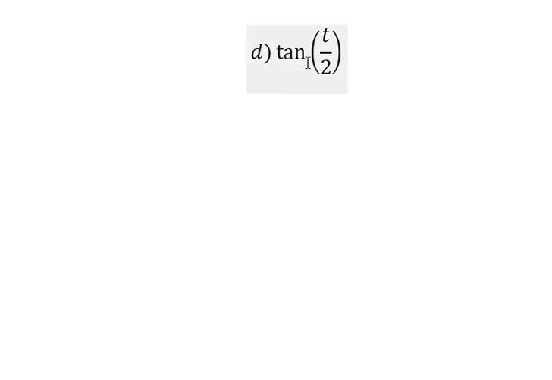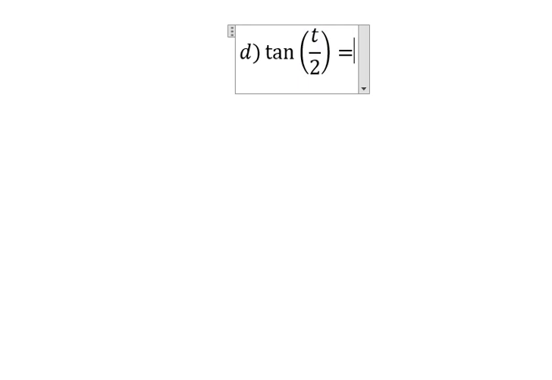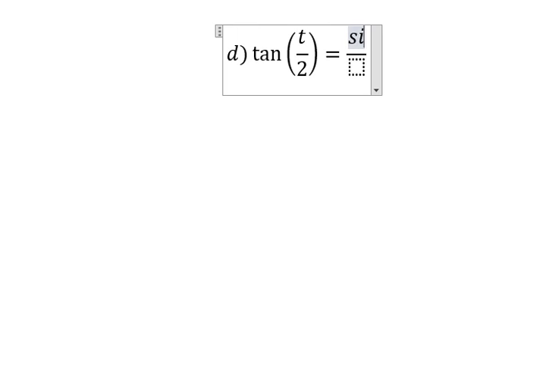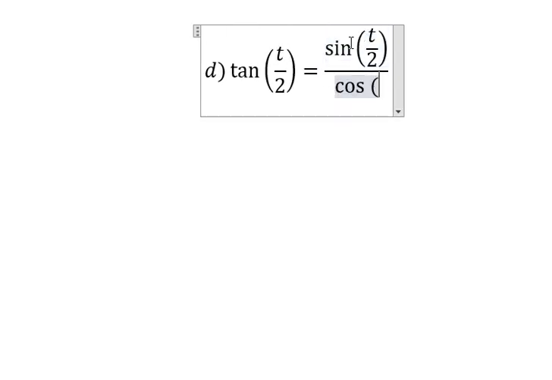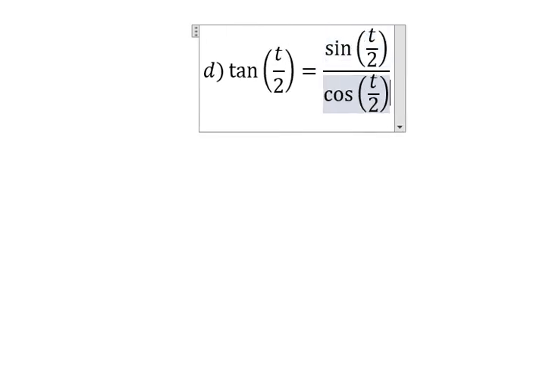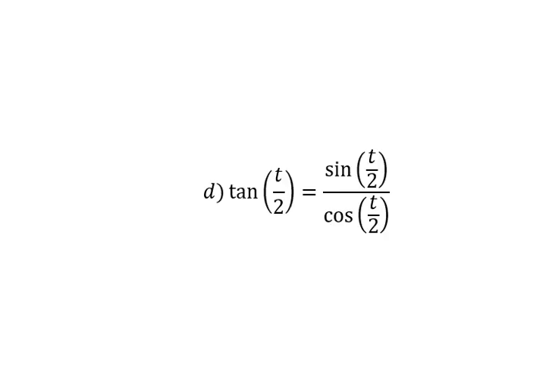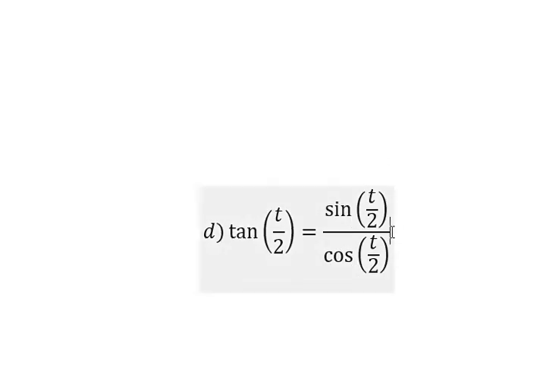Now let's go to this one. Tan of t over 2 is sine of t over 2 over cosine of t over 2. Now about sine of t over 2, we can apply the formula in here.